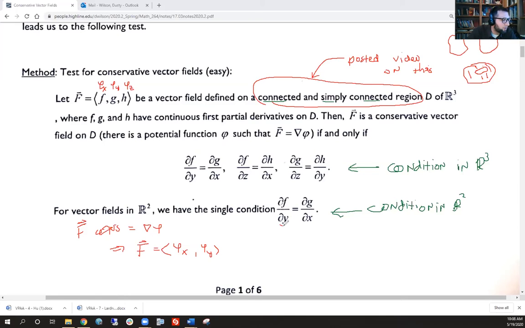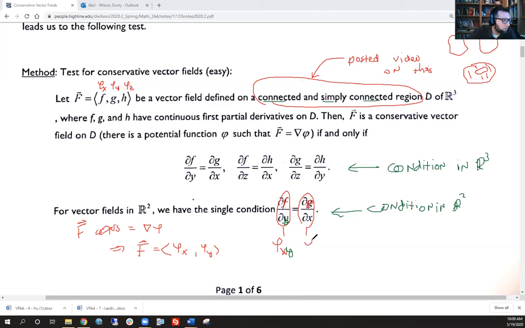And so the partial of f with respect to y would be like the partial of phi x with respect to y, because that's what the f is. So we take a second derivative. And the partial derivative of g with respect to x, well, we're going to start with g.